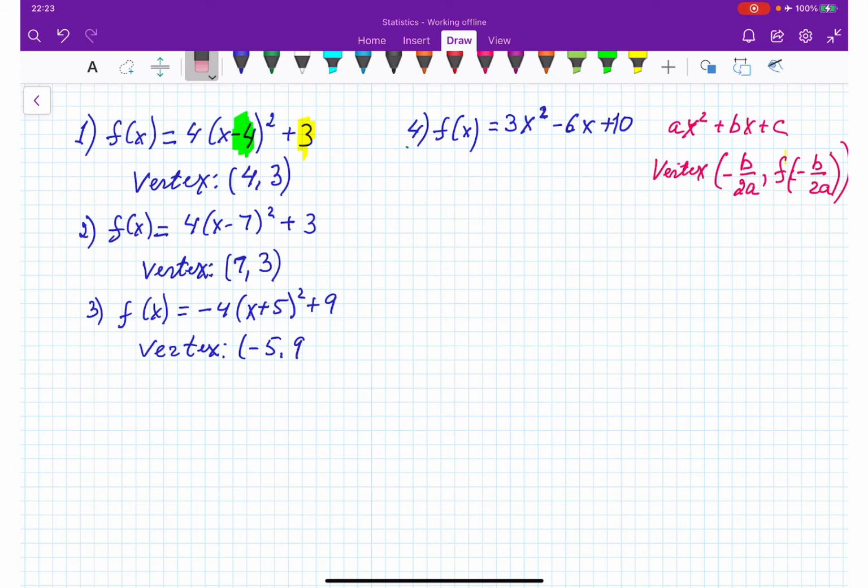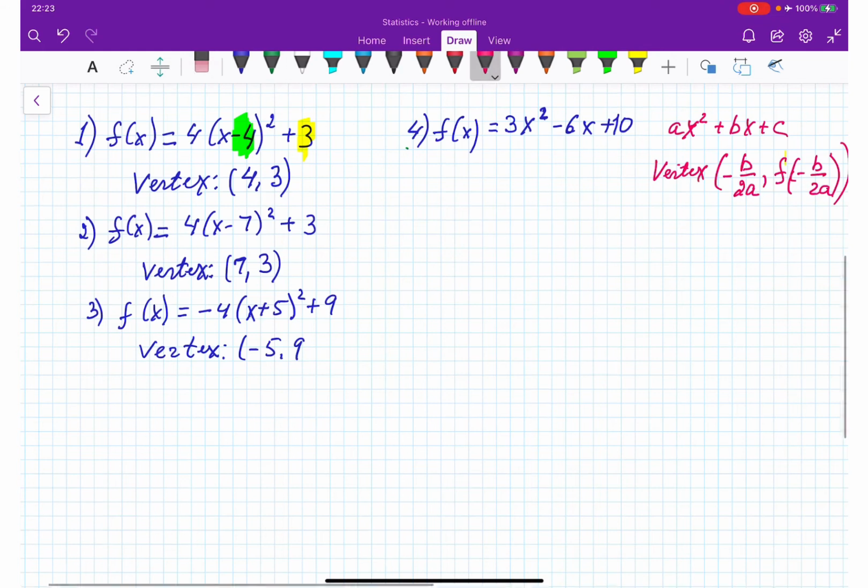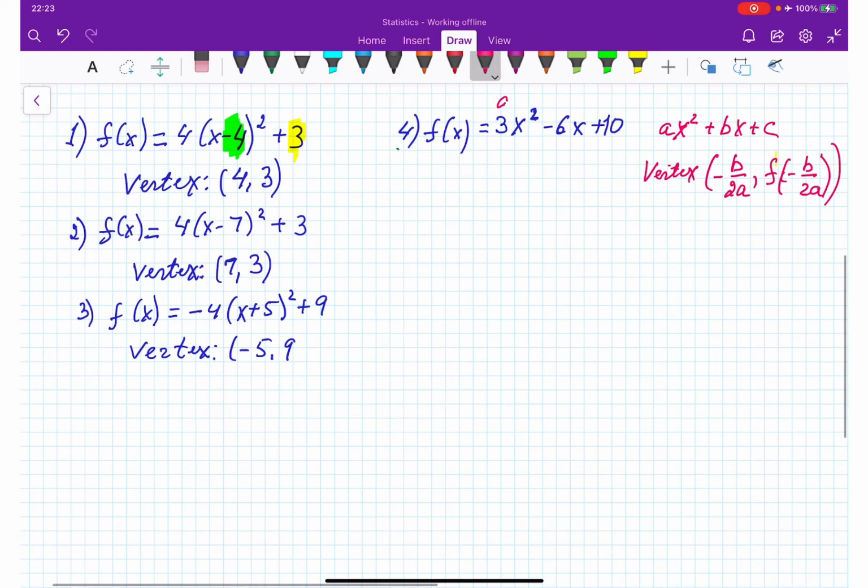If I write down here ax squared plus bx plus c, let's see, my vertex, so the value for x, is going to be negative.